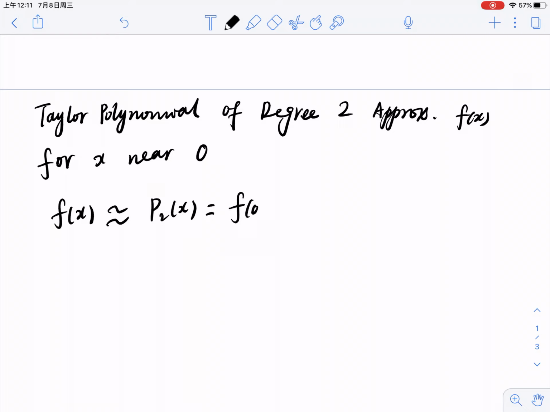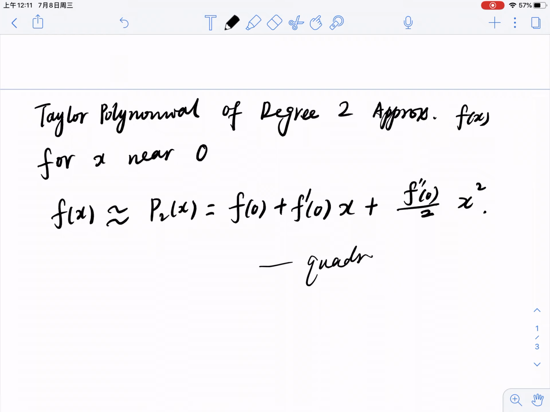It's f(0) plus f'(0) x plus f''(0) divided by 2 x squared. This is also called the quadratic approximation.